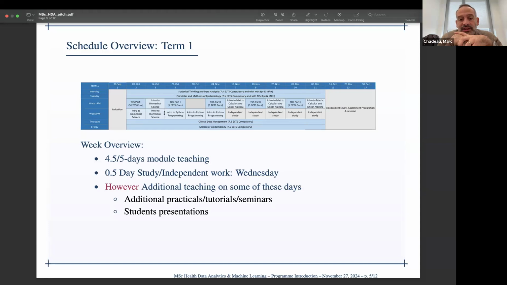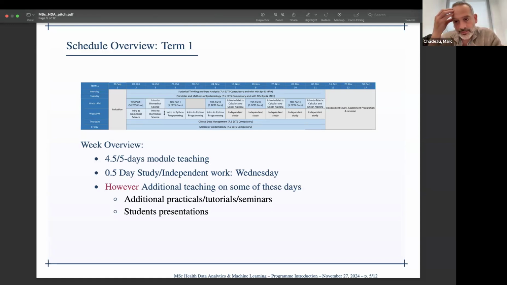But also in these free slots, depending on demand of the cohort, we sometimes implement ad hoc additional seminars or practicals or tutorials to address a question that may have arisen from the cohort, something that was not clear.